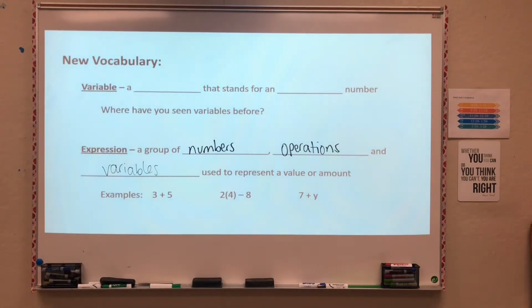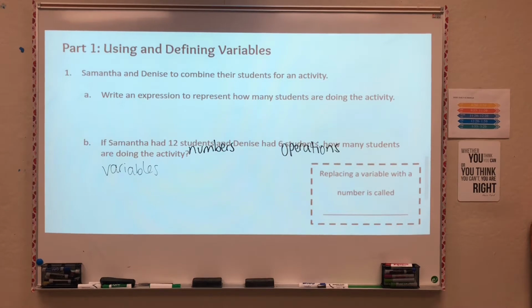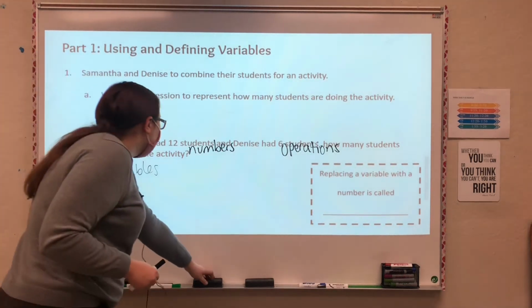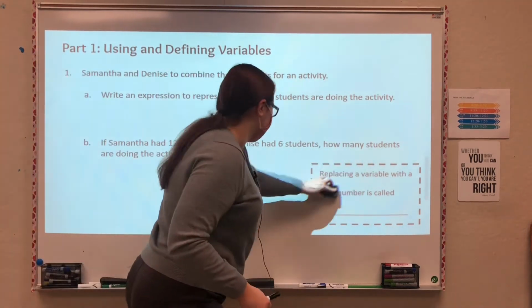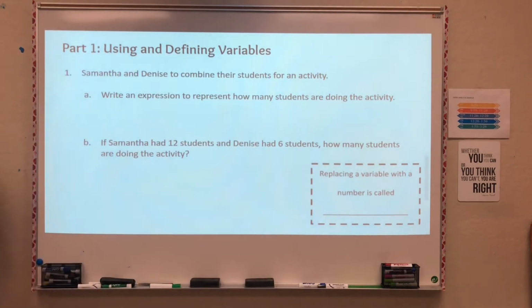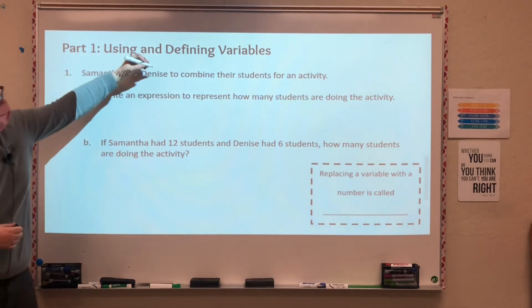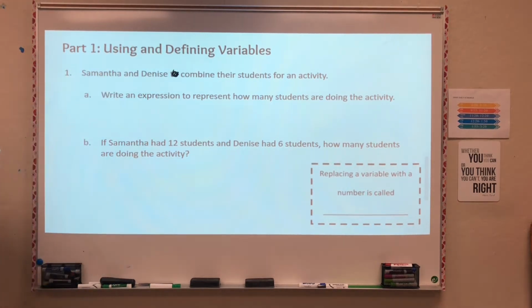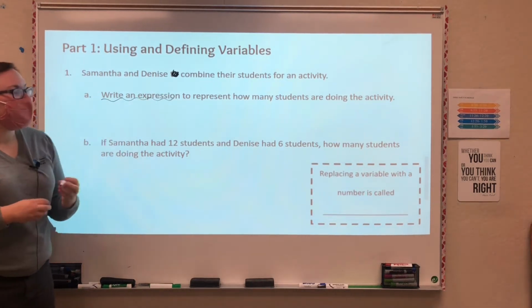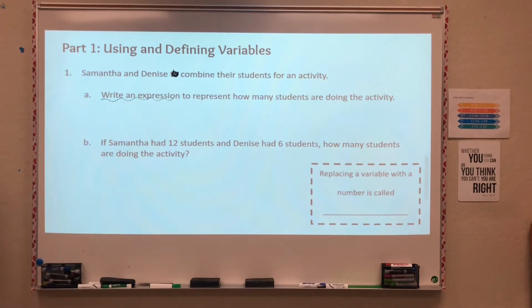So for example, for our first problem, Samantha and Denise combine their students for an activity. It's asking me to write an expression to find how many students are doing the activity. I didn't give you any numbers in this situation, right? So we have to think a little critically.